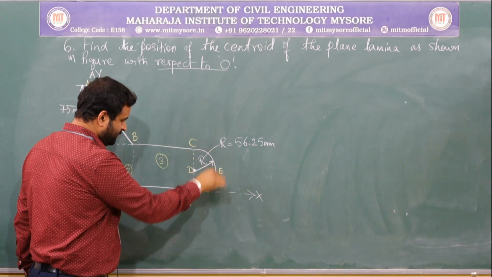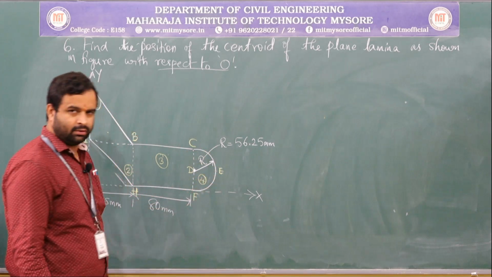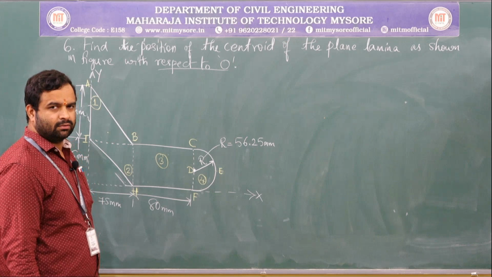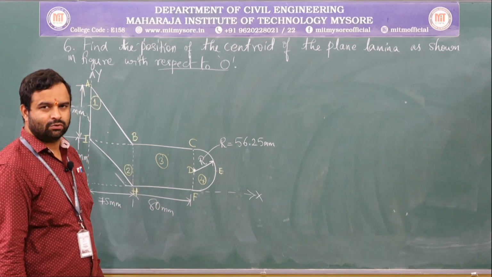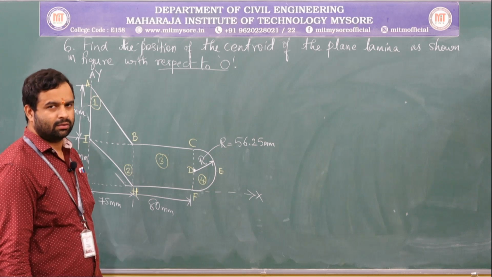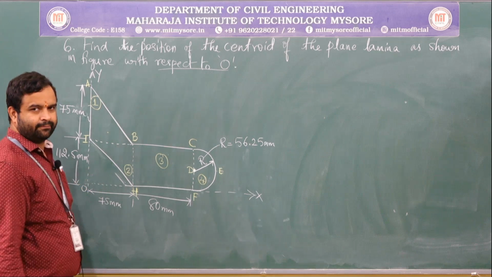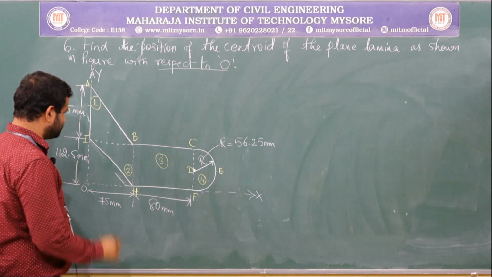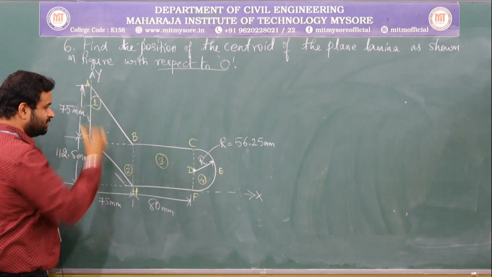Let the fourth component be this semicircle, which is component 4, and is the dividing of the components over or not? No. We have one more component here. See, this is the actual lamina which they have given.